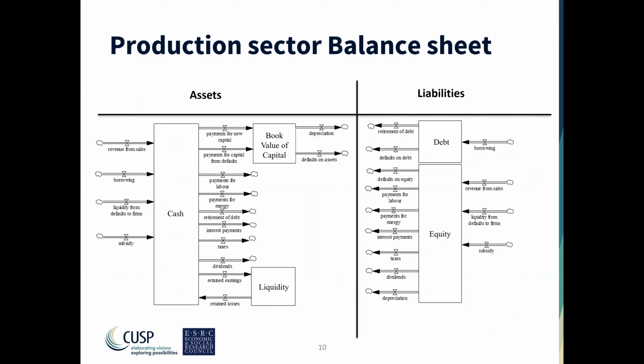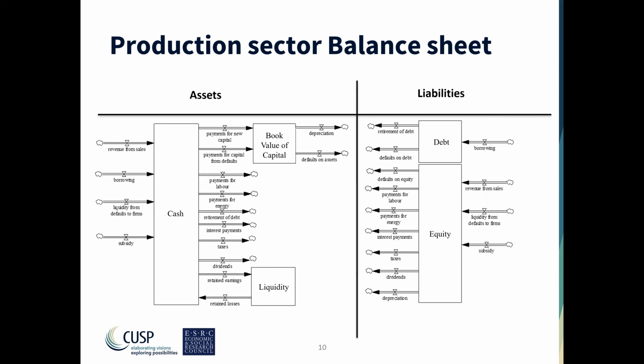This is the balance sheet adopted in the firm sector. As you can see, all transactions are recorded using the double entry rule in both assets and liabilities side. All flows represent the cash flow statement of a company, and the stocks accumulate their differences, highlighting assets value and liquidity on the asset side, and debt and equity on the liabilities side.